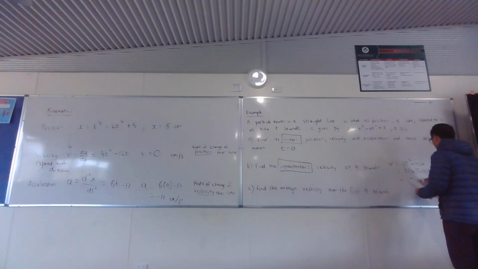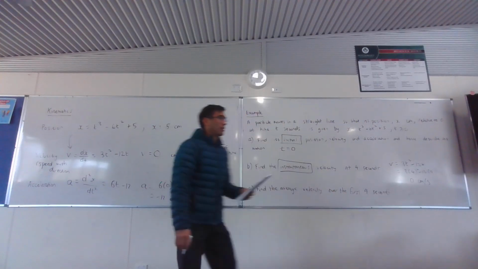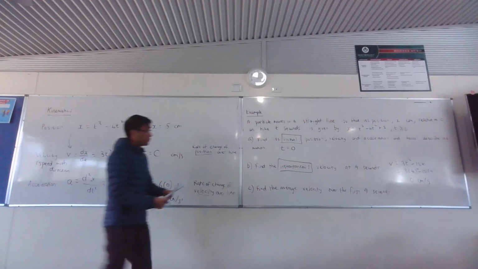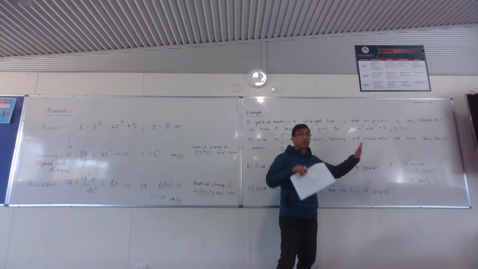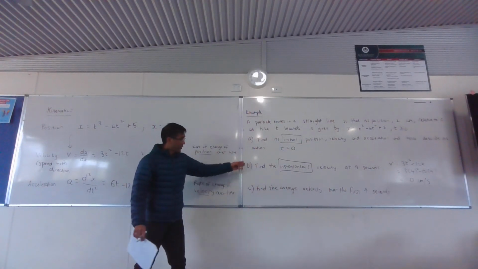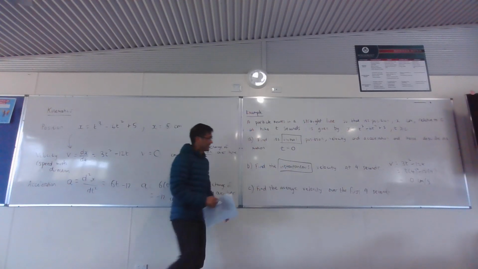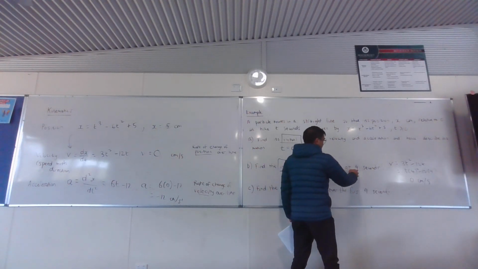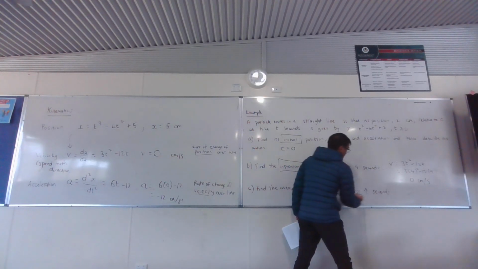Someone said it. You get 0. Okay. At 4 seconds, it's actually resting velocity. It's neither going anywhere. Now, this looks like a similar question, but the key is this one is instantaneous. This one is over the first 4 seconds.